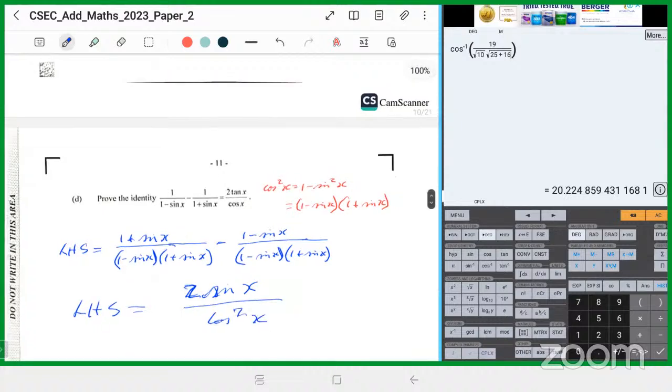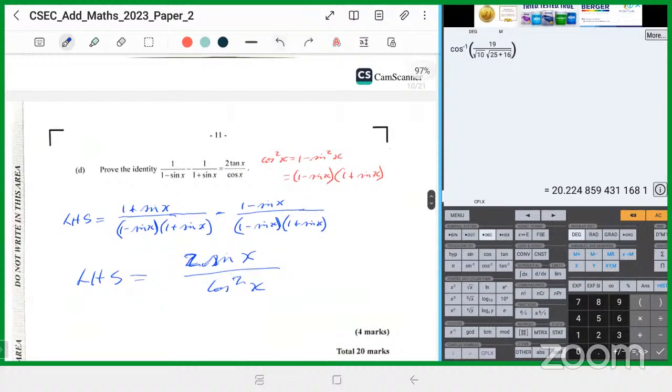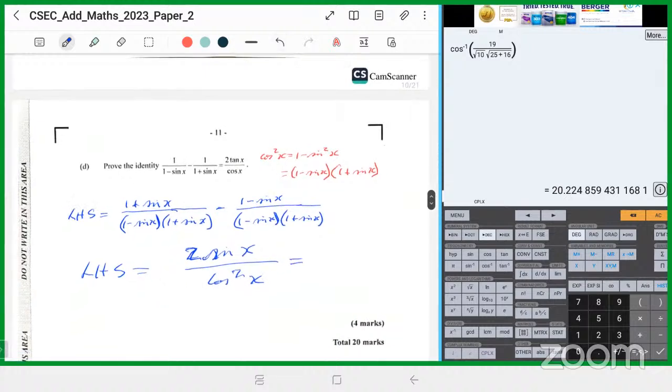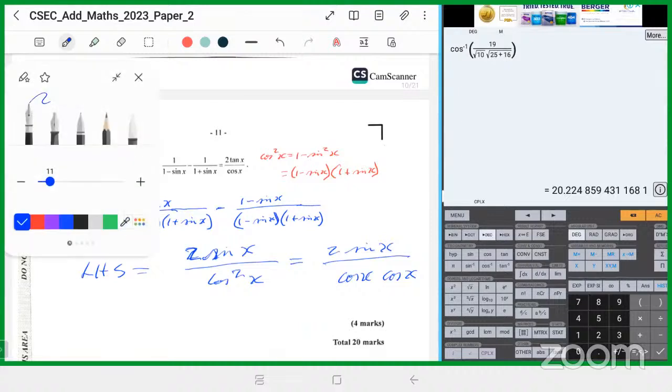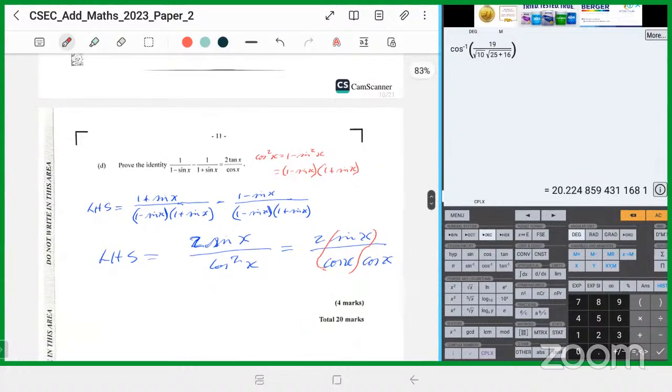My solution has tan and cos in it. And so I'm going to split up this cos squared and write it instead as 2 sine x over cos x, times cos x. And then this sine over cos is tan.